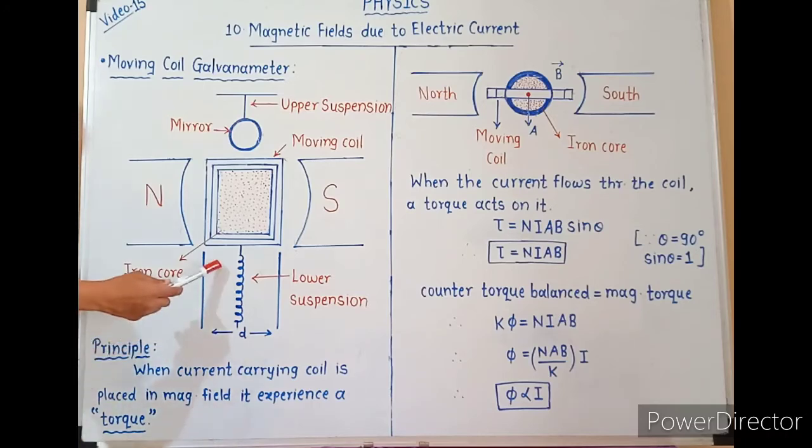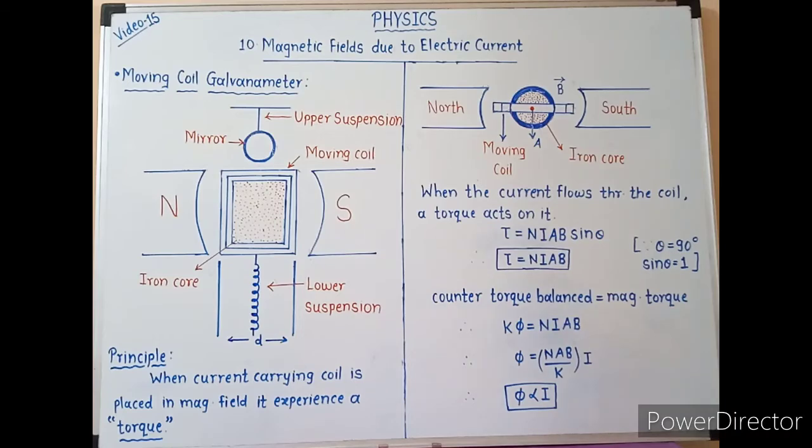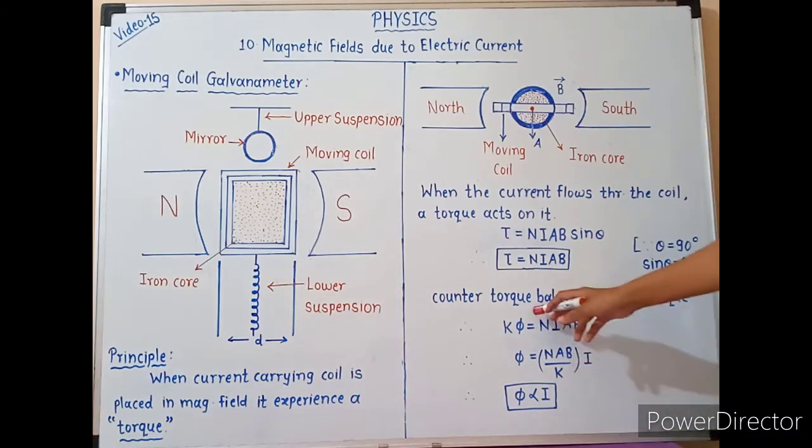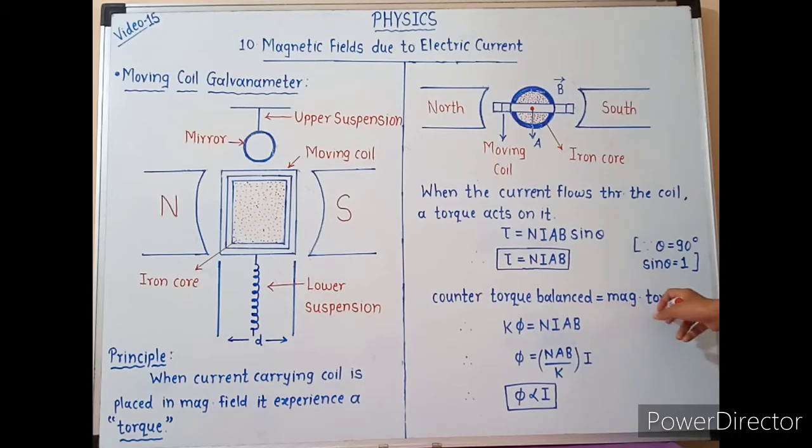So this counter torque is balanced by the magnetic torque, which results in a steady angular deflection. So for a fixed steady current I in the coil, we get a steady angular deflection phi. The counter torque is given by K phi, which is equal to the magnetic torque, NIAB.